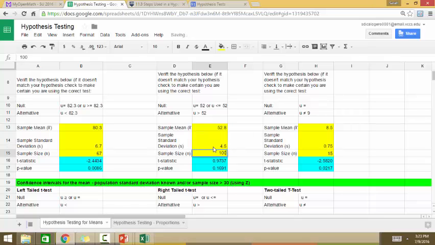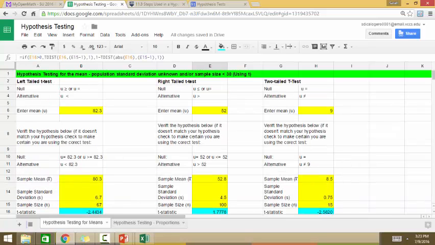Okay, so here's our t statistic calculated for us, 1.7778, and our p-value is 0.0393. So at the 5% level of significance, we would reject the null hypothesis, because our p-value is small.